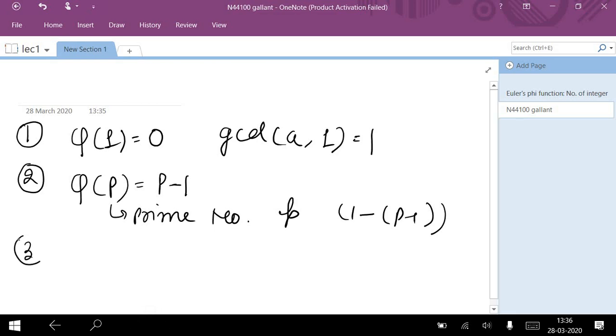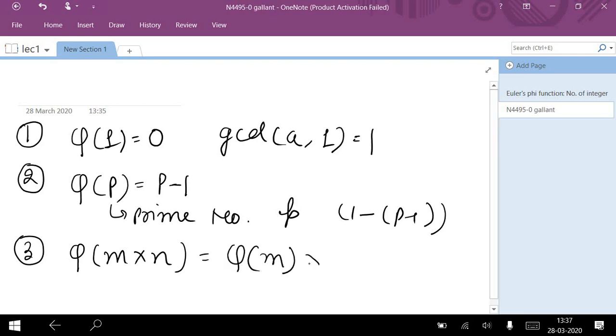And the third one is Euler function phi of m cross n, where m and n are not necessarily prime numbers. If the integers inside the function are m cross n, then it should be phi of m into phi of n. You have to solve it by using phi of m and phi of n.